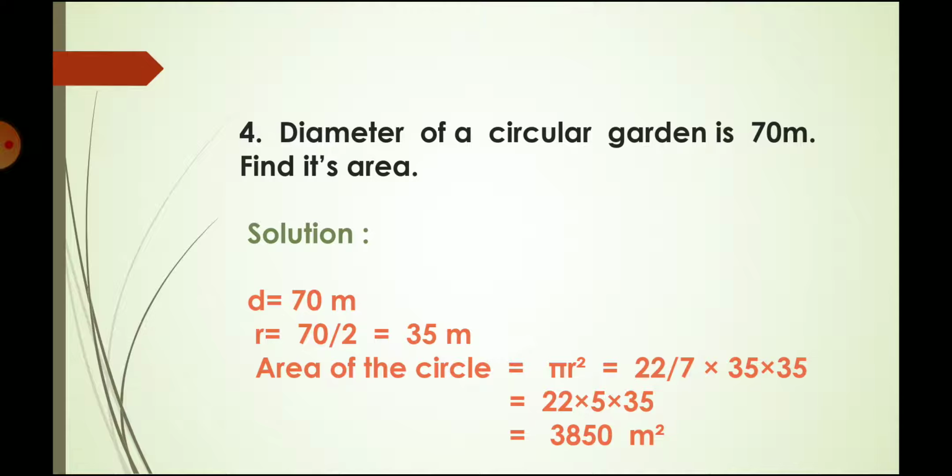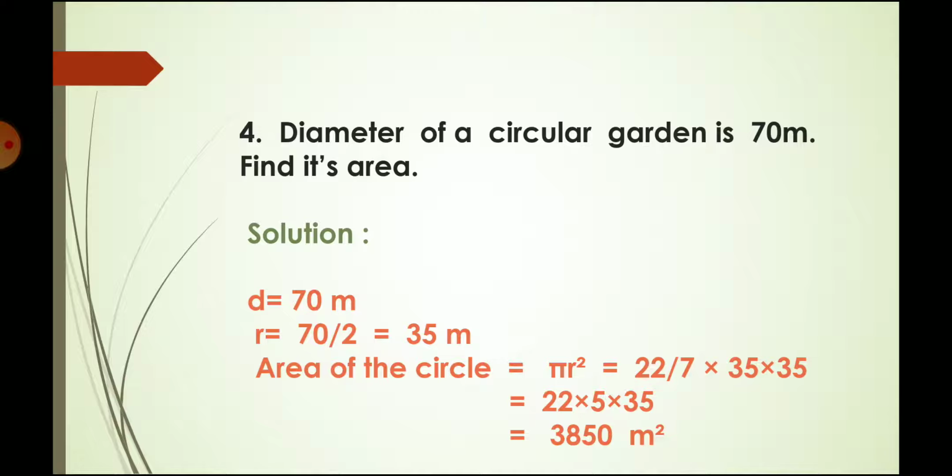First, the area of the circle formula is pi r square, so we should know the value of r. Here they gave a d value, and 2 times the radius is called a diameter. So we divide 70 by 2, that is equal to 35 meter.